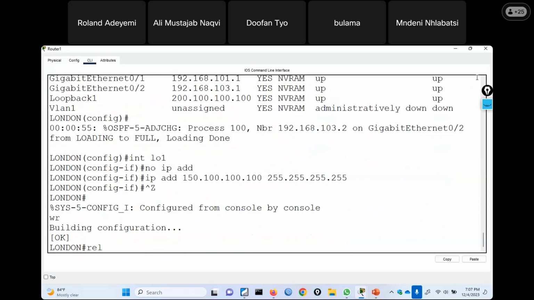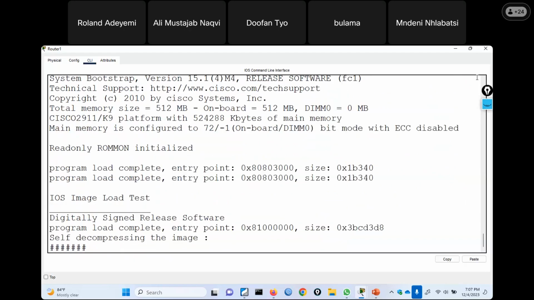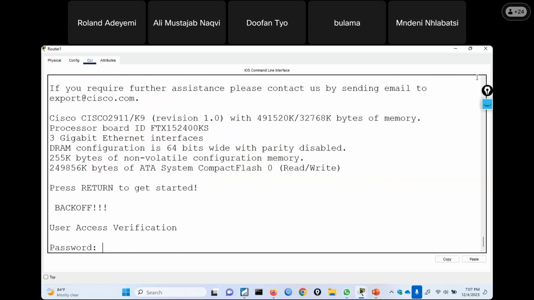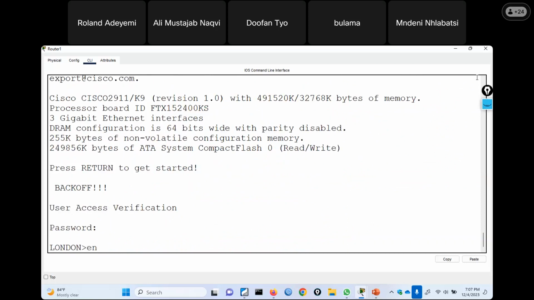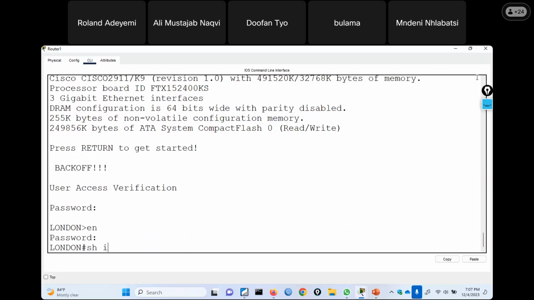Save and reload this router. So the loopback address takes precedence if you have it. But if you don't have a loopback address, then the highest IP address on the interface takes precedence. But what if you have more than one loopback address, maybe 2 or 3? The highest loopback IP address takes precedence for the router ID.